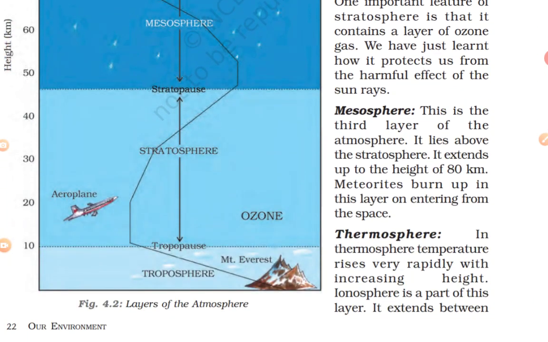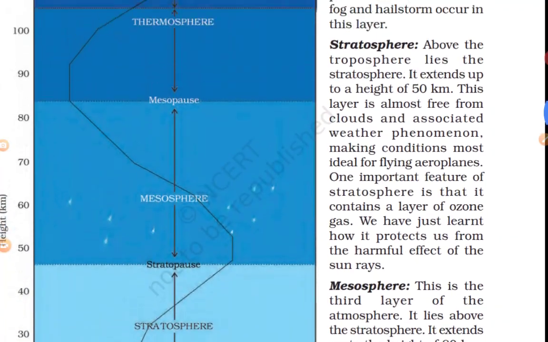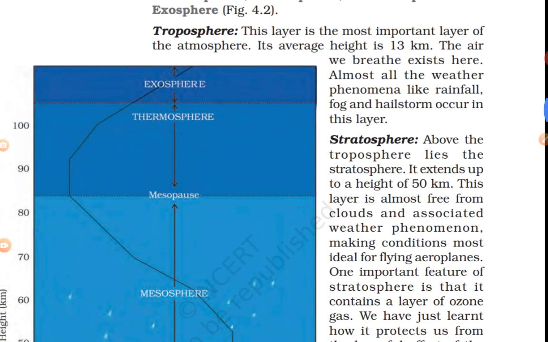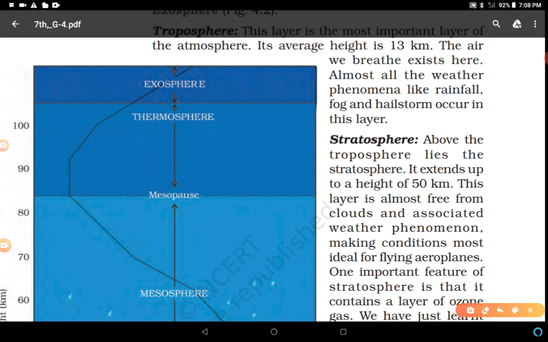After that, the thermosphere. This zone between 85 and 600 kilometer above the surface is often called the thermosphere. In this layer, the temperature increases with increasing altitude.